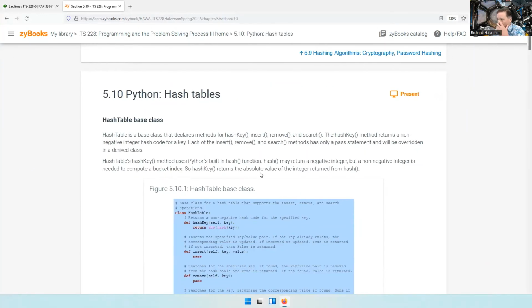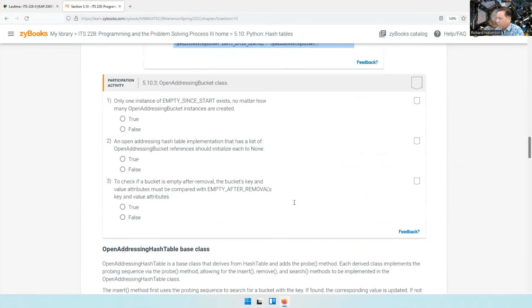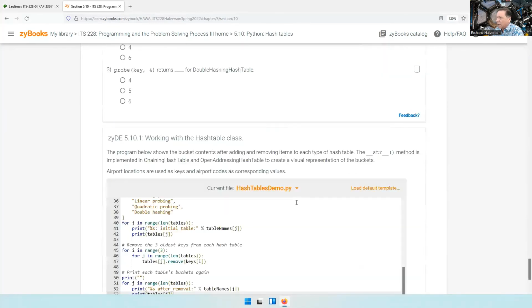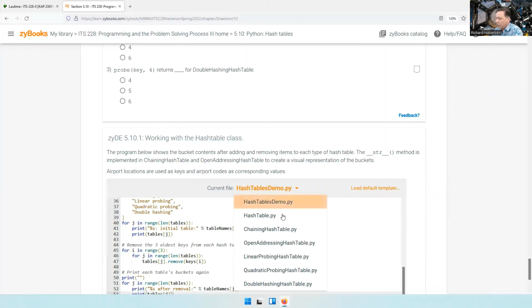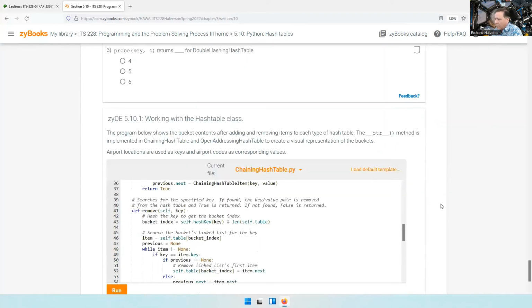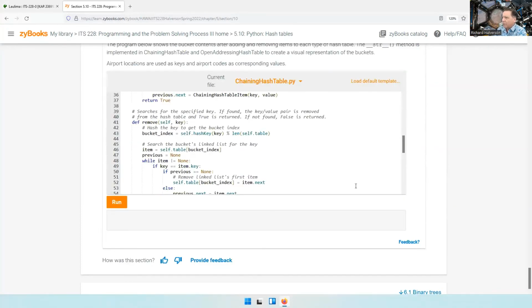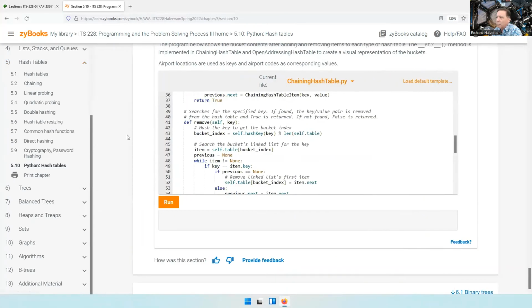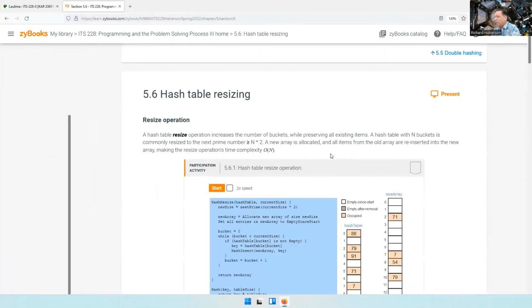You're going to implement these on your server, and it may be the chaining one, because I'm going to have you mess with the chaining one anyway, although for the chaining one there might not be that much necessity to do table resizing, but I don't know, we'll see. Maybe not chaining.